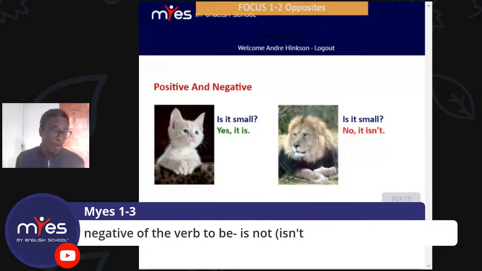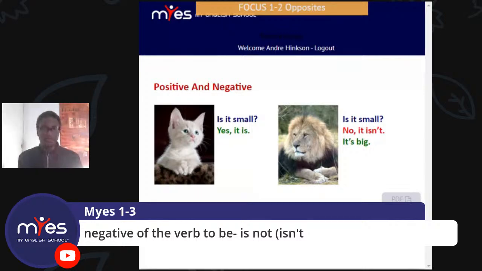It isn't small. So we respond now with the positive. So it isn't small, but let's see, it's big. So then we respond with the positive. So we have the negative answer, no, it isn't. And then we respond with the positive. It's big.